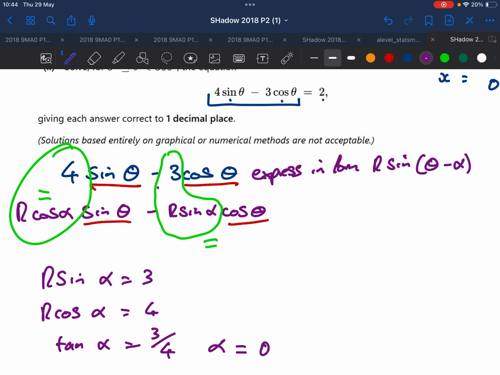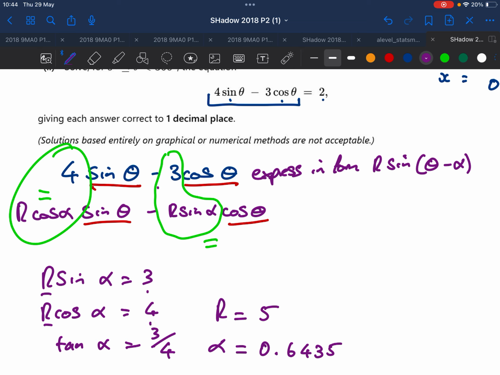And I get 0.6. Does it say anything about decimal places? Let's just go for a good level of accuracy here. So I feel like 0.6435. There we go. That's what I'm going to go with. And then the R value you get just from doing Pythagoras. So R is just 5, okay? Because 3 squared plus 4 squared and then square rooted is 5.